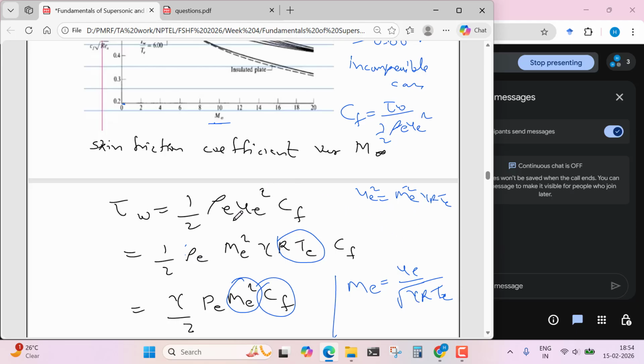So we can substitute it and we get 1/2 rho e ME square gamma R TE CF. If we take rho e R TE, then from the equation of state PE equal to rho e R TE, we can substitute this by PE. So we get gamma by 2 PE ME square CF.